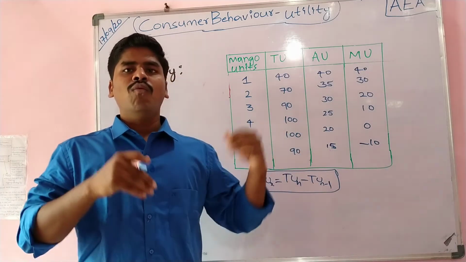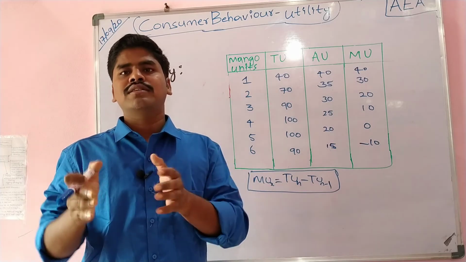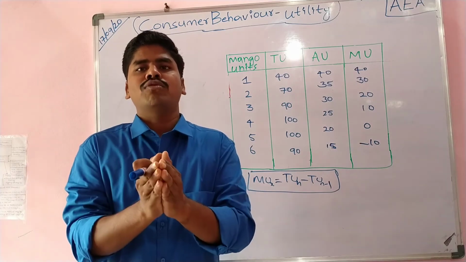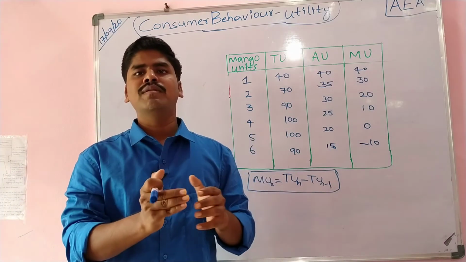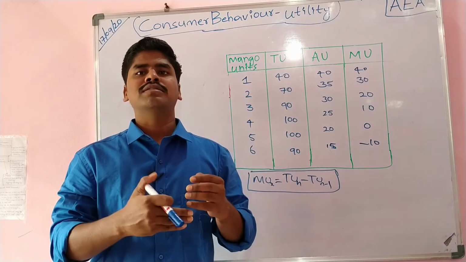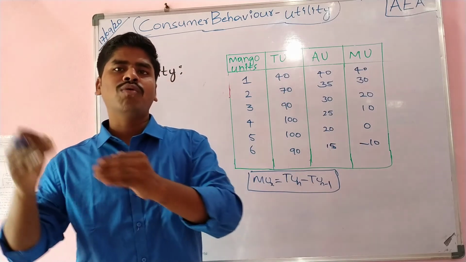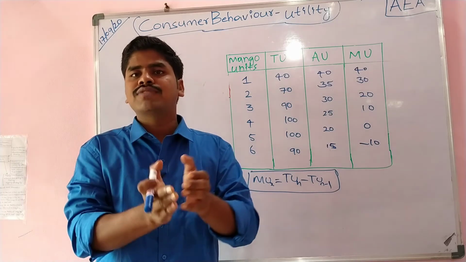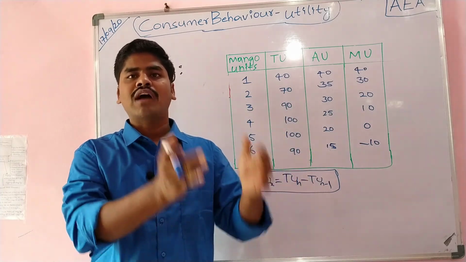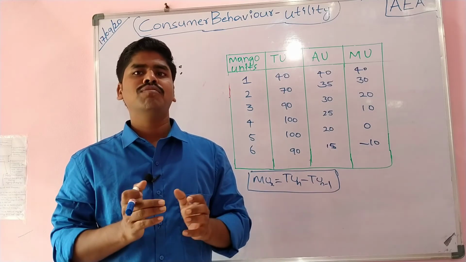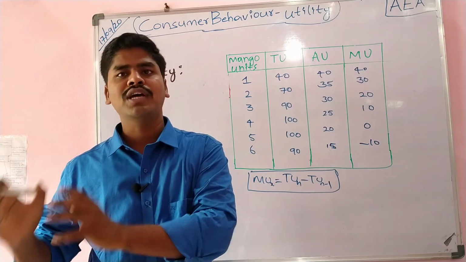How can we measure utility? There are two approaches: the cardinal approach and the ordinal approach. In the cardinal approach, we give numbers, 1, 2, 3, 4, 5, and measure satisfaction or utility in numbers. That is cardinal utility. In cardinal utility, the three important concepts are total utility, average utility and marginal utility.